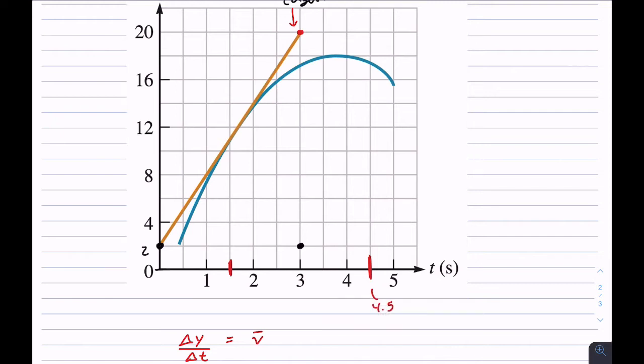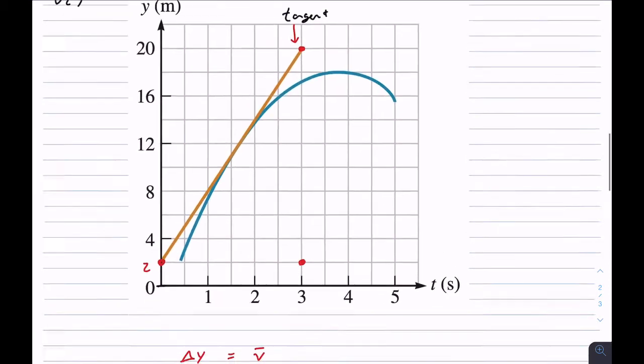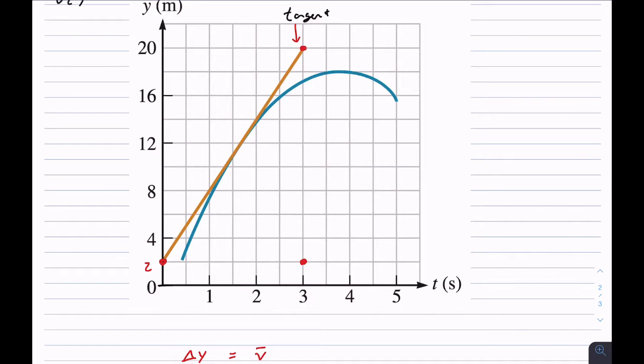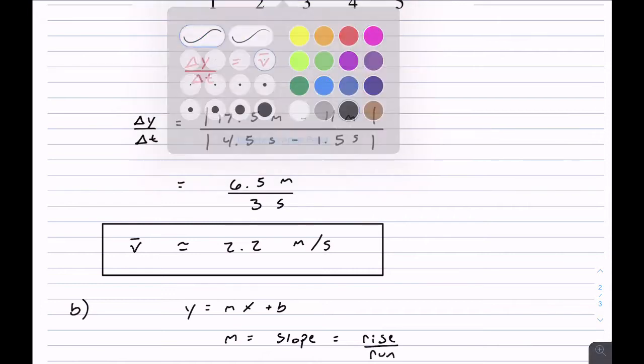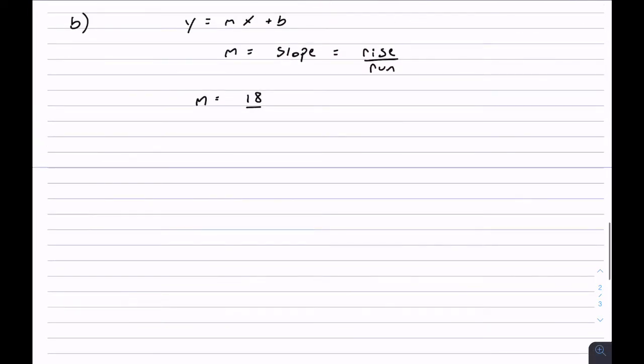So this is our rise. This is our run. Okay? So again, from 0 to 3 and from 2 to 20. To make it more explicit, I'll just do this: 20 minus 2 over 3 minus 0.